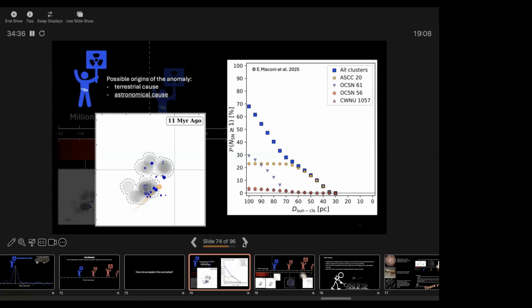The takeaway from this picture is that the probability is different than zero. So one of the possible origins of this anomaly might be astronomical. We still don't know because there are other explanations, but the astronomical cause cannot be excluded because you have massive stars and the probability of having a supernova is different than zero.